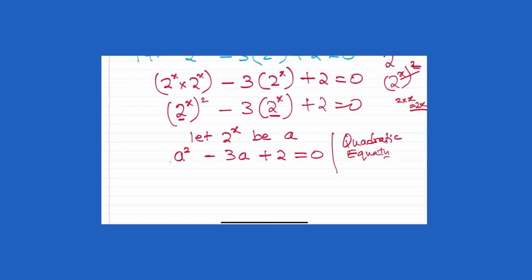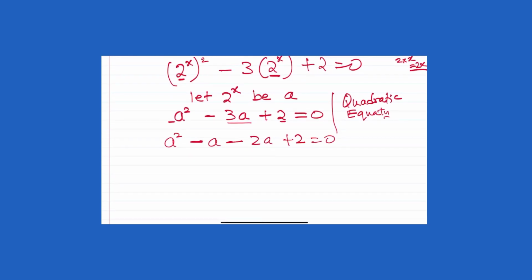I'm going to look at the coefficient here and the coefficient here. 1 times 2, that is 2. I'll look for what two numbers we can add together that will give us 3a. So I have a squared minus a, and then minus 2a, and then plus 2 equals 0.